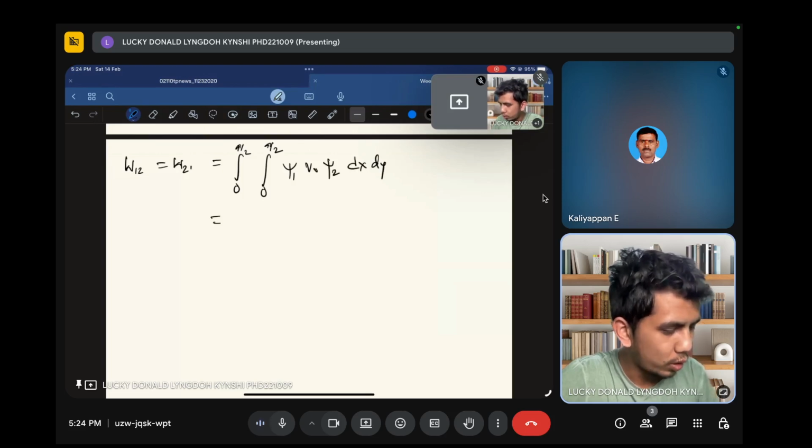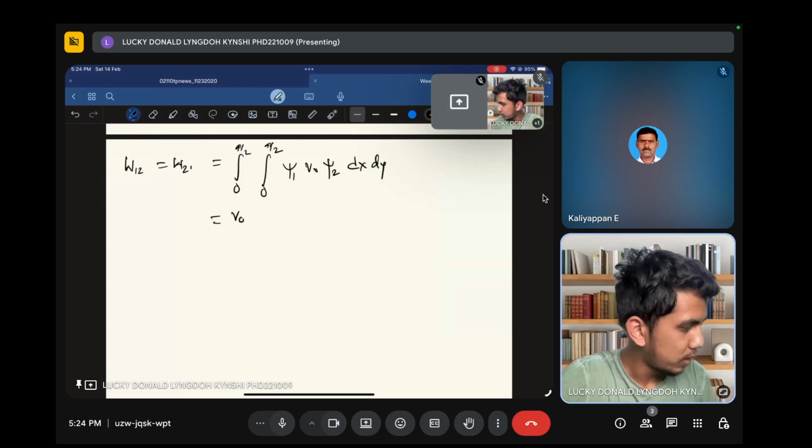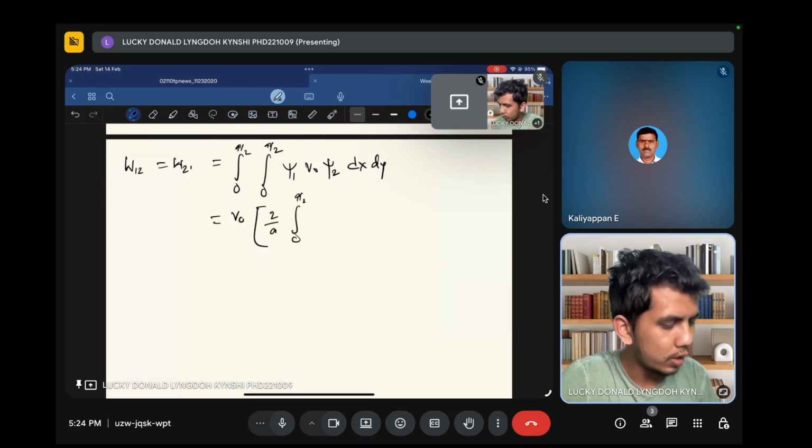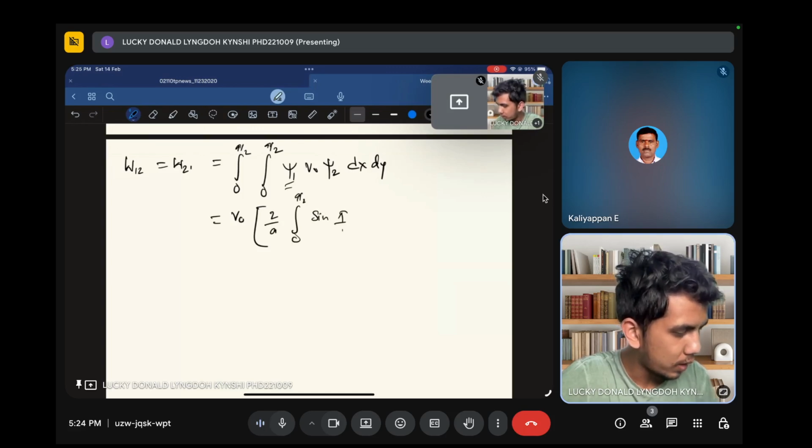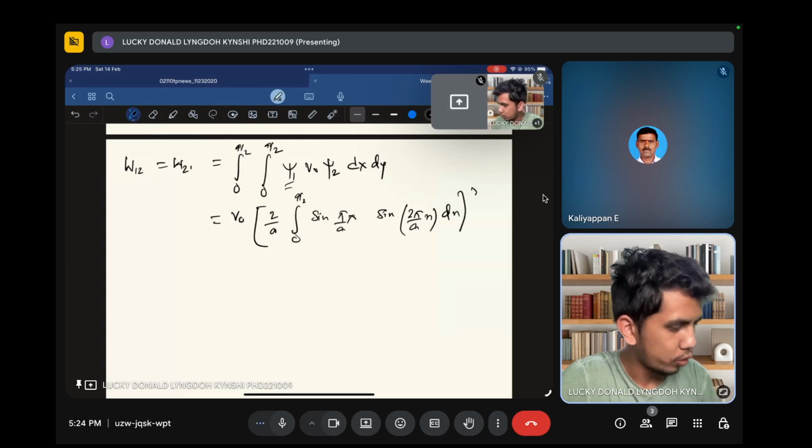Again V naught will be taken out since it is a constant. Then you will get something like 2 by a, integration from 0 to a by 2, of psi 1, which is sine of pi by a x, and sine of 2 pi by a x dx, whole square.